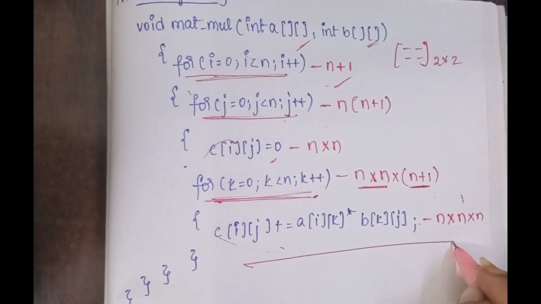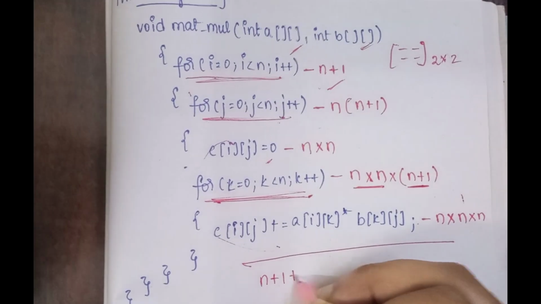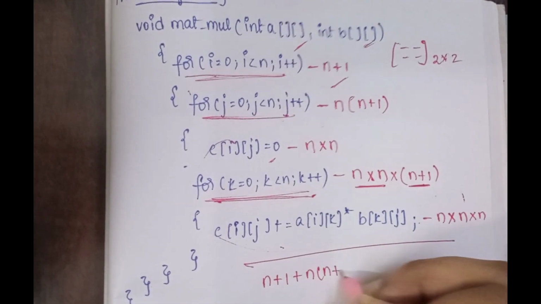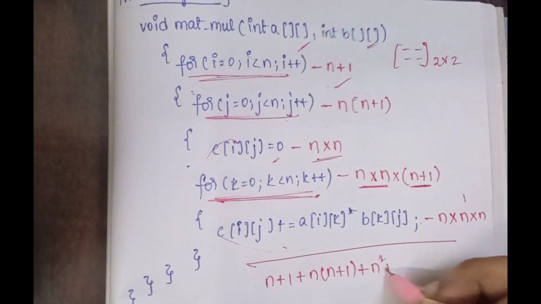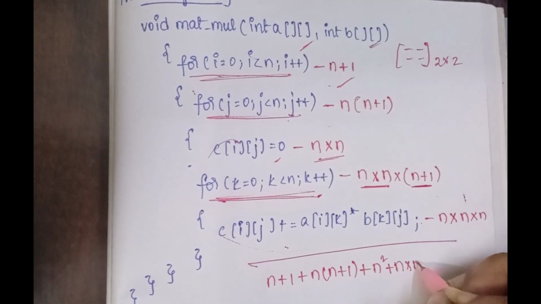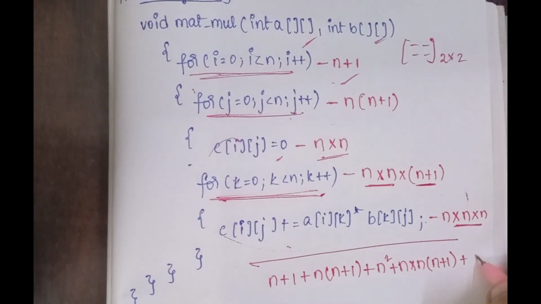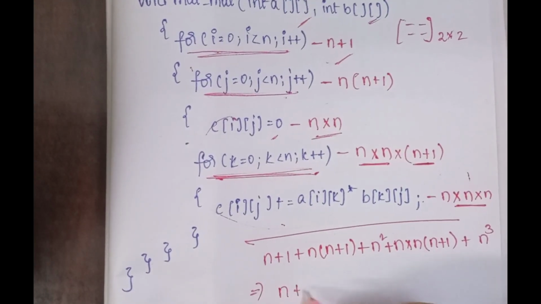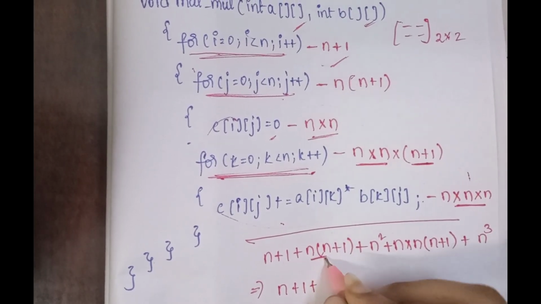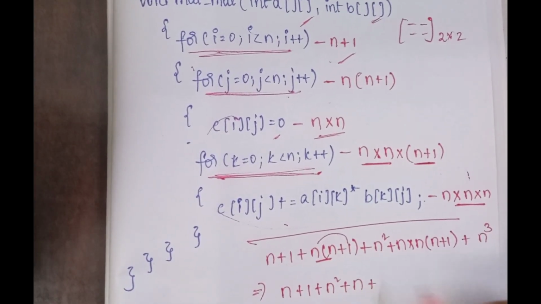So overall if you calculate it, you are having n plus 1 plus n into n plus 1 plus n into n, which will be n square plus n into n plus 1 plus n cube, right? So now calculate this. N plus 1 plus n into n, that is n square, n into 1, that is n, okay?